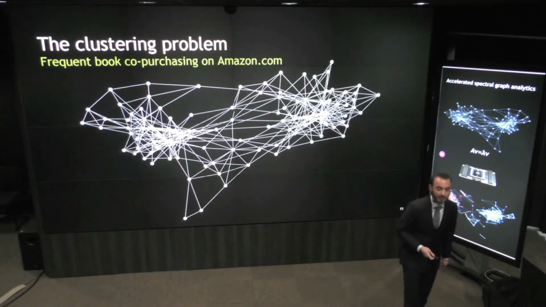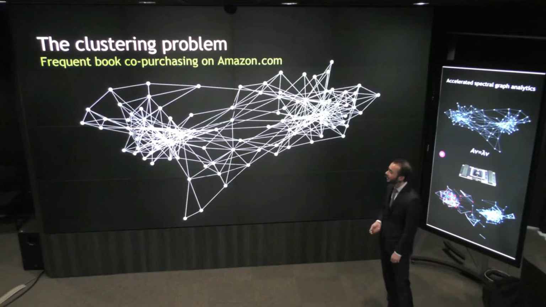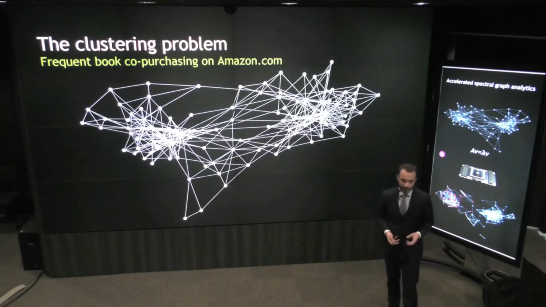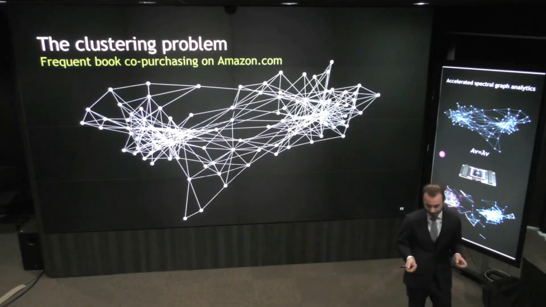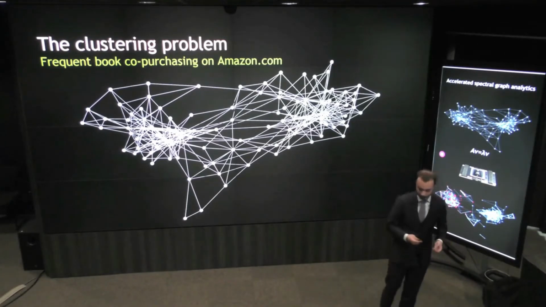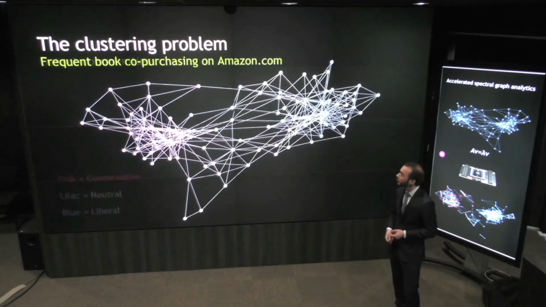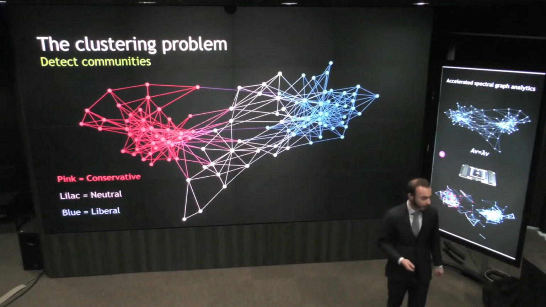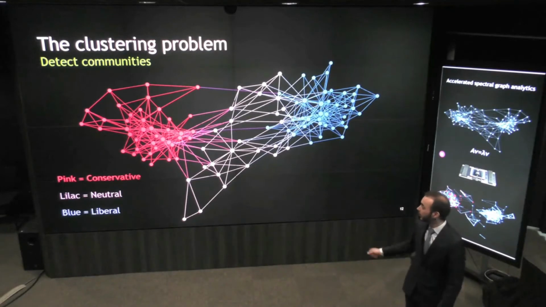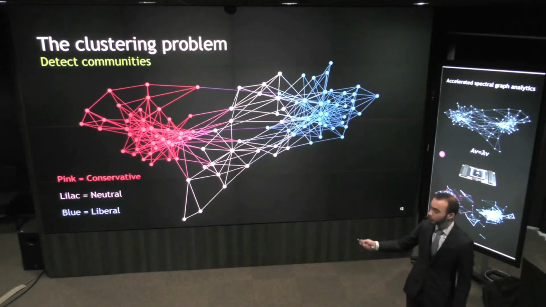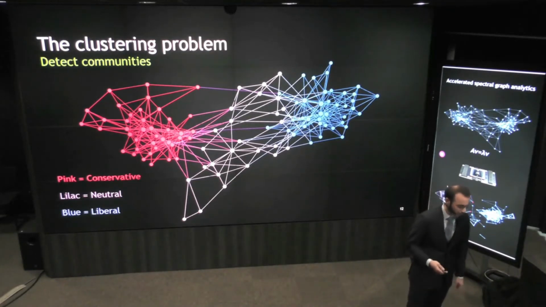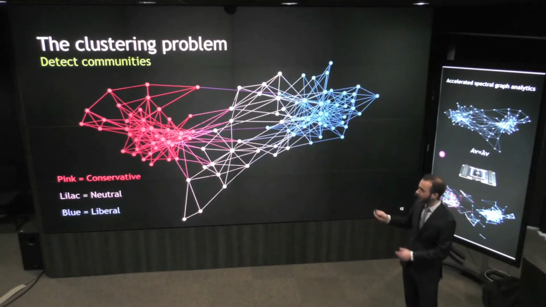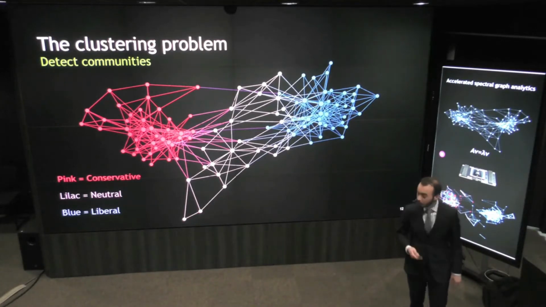If you are Amazon, what you would like to do with this data is build the feature that says people who bought this item also bought these other items. And when we run the clustering, here is what we found. We can clearly detect those 3 clusters which correspond to the most famous currents in US politics.